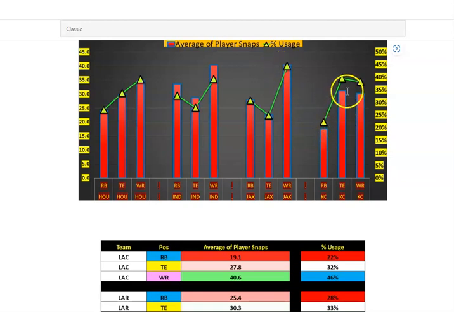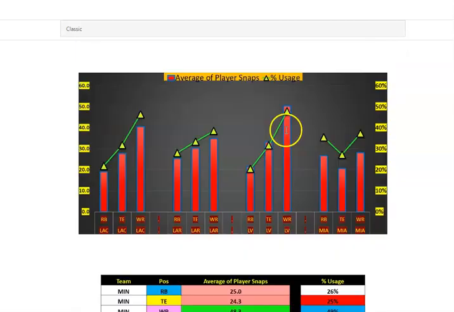Kansas City, not liking to see that they're having to rely on Kelce. It would be nice if they could get this in more of a straight line here, and they're not. So they're not being as efficient as Kansas City could be. So there is a limit to the wide receivers there.